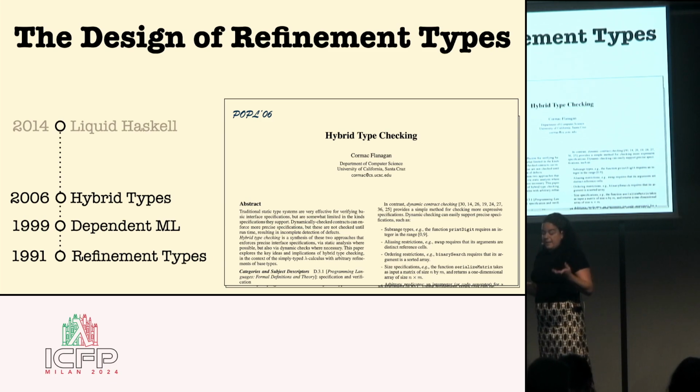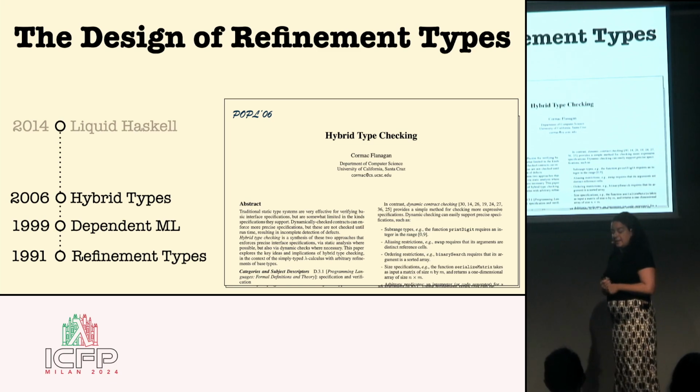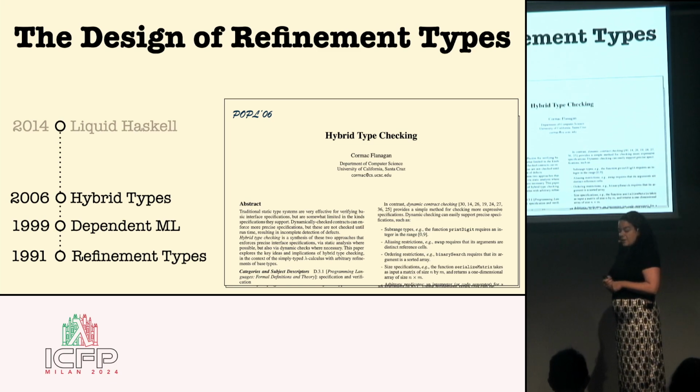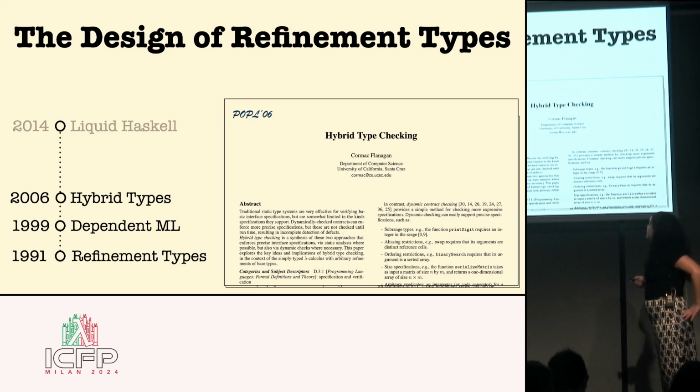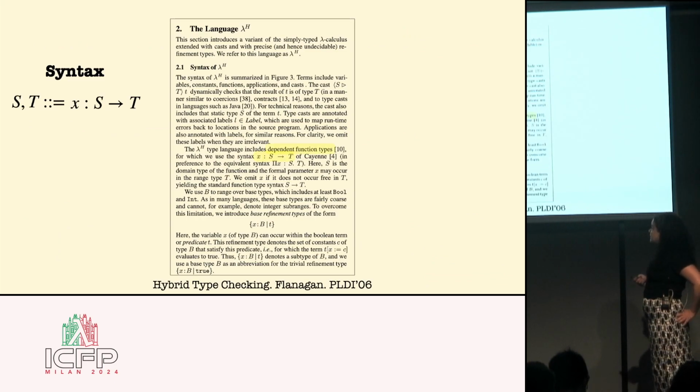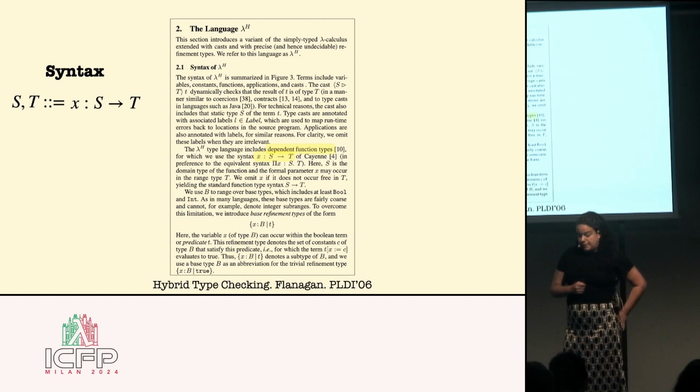And then the intuition of this paper says, check whatever you can statically, prove or disprove the contract statically, and whatever you can't, inject runtime checks, and they are going to be checked at runtime. So it has this hybrid or gradual or dynamic sense of checking contracts. Okay, so what this has to do with refinement types is that if you go to the syntax section, it essentially defines the syntax that currently we are using in the refinement types of Liquid Haskell.